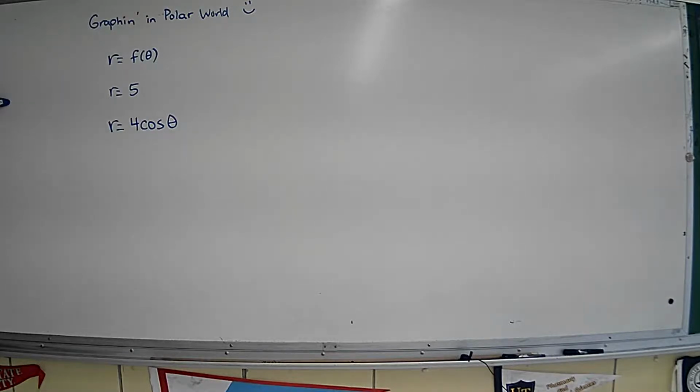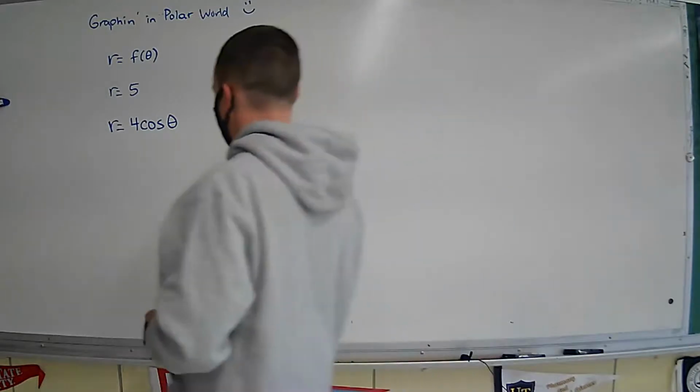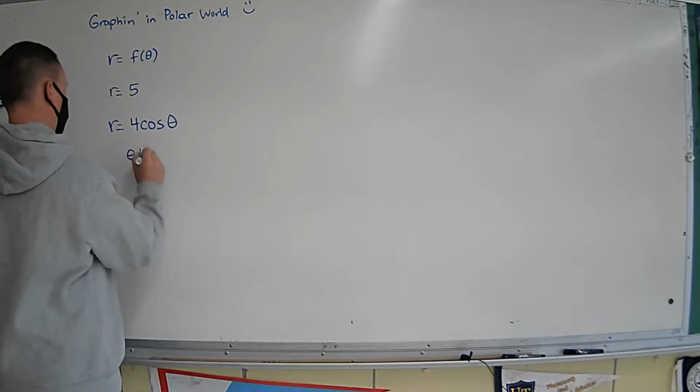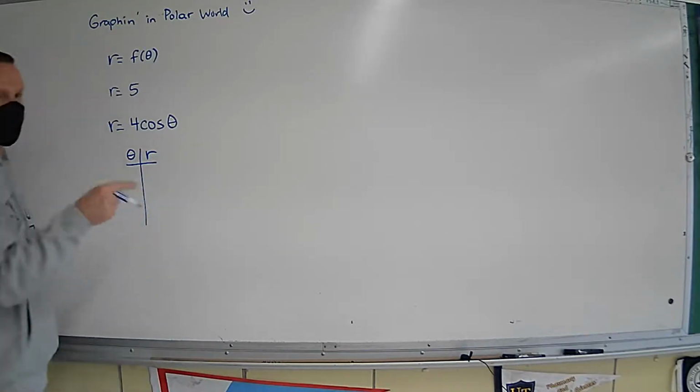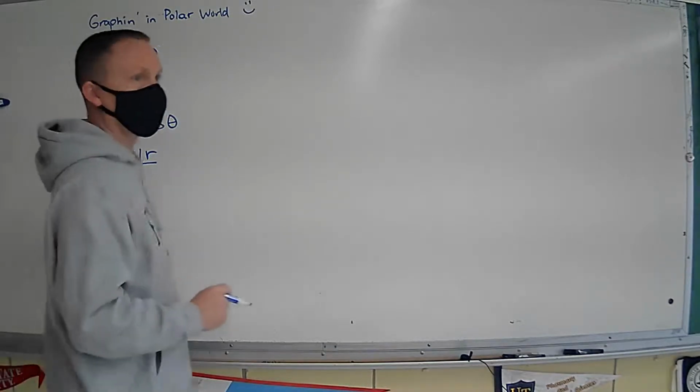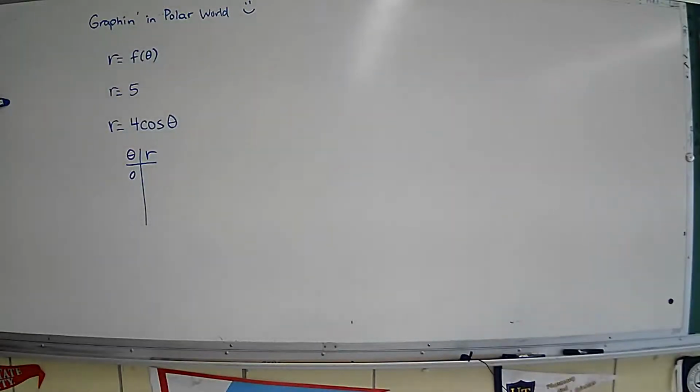So if I were to make a table for this circle here, and I were to look at what this graph is doing, because I want to be able to describe this graph and understand why this graph looks the way it does. When theta equals 0, what's r? That shouldn't be difficult. You should be able to just do that in your head.